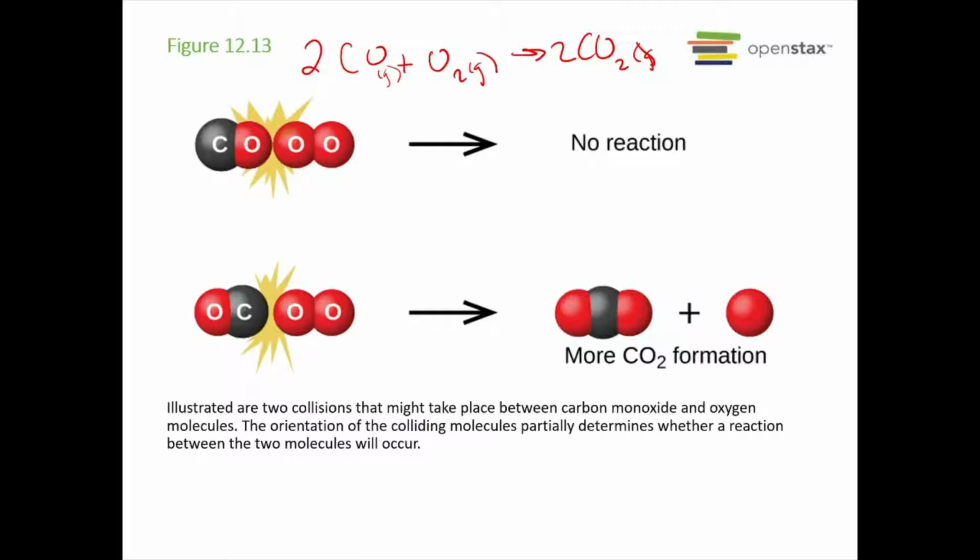So if these collide, there's no reaction. Whereas if the carbon side of CO collides with O2 with enough energy, then you can form that C-O bond and break the oxygen-oxygen bond. So that's forming more CO2, as long as, again, there's enough energy.